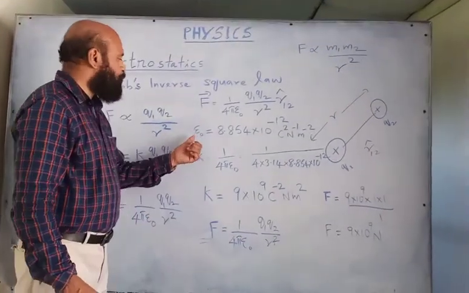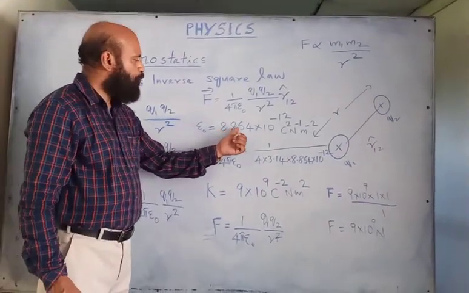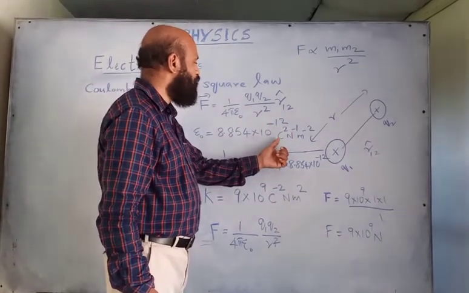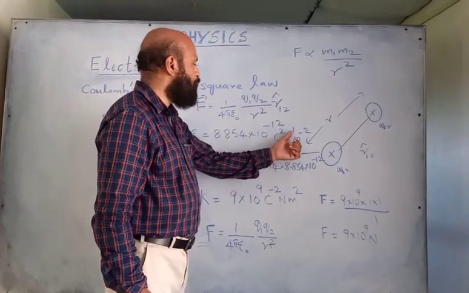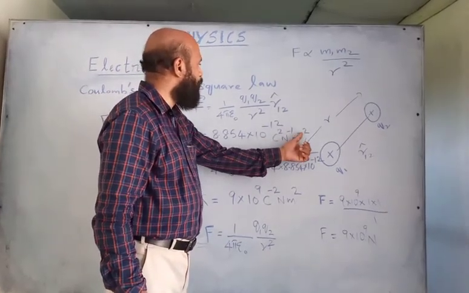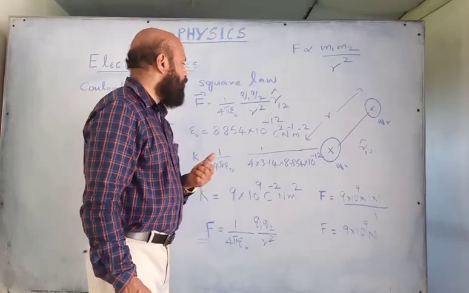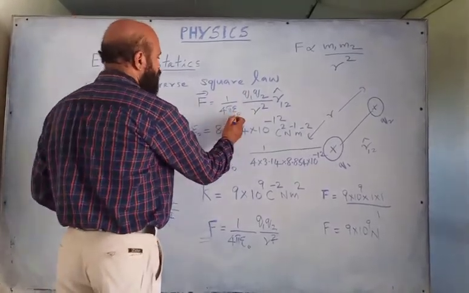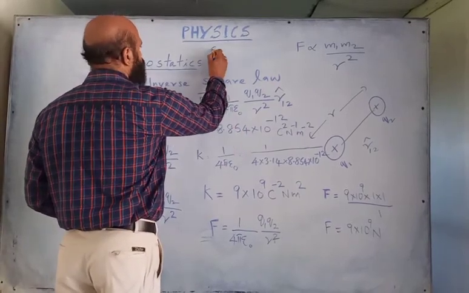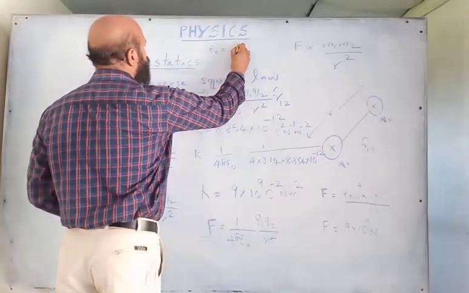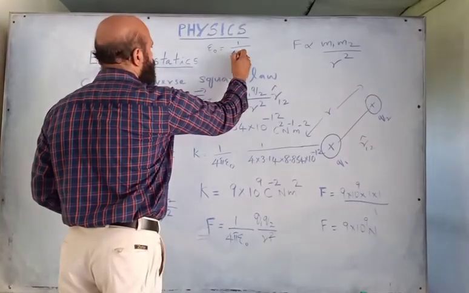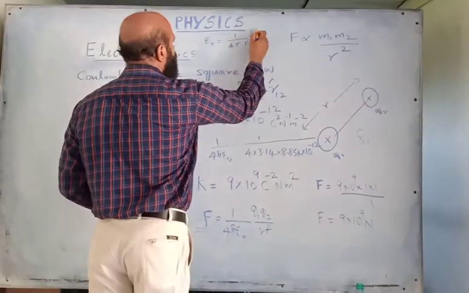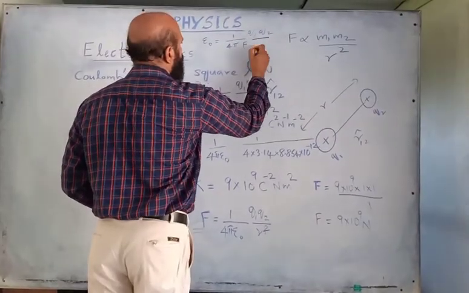The value of epsilon 0 is 8.854 into 10 raised to minus 12. Its unit is coulomb square, Newton raised to minus 1, meter raised to minus 2. This can be obtained by rearranging this expression and getting an expression for epsilon 0, where epsilon 0 can be written as 1 by 4 pi F, q1 q2 by r square.